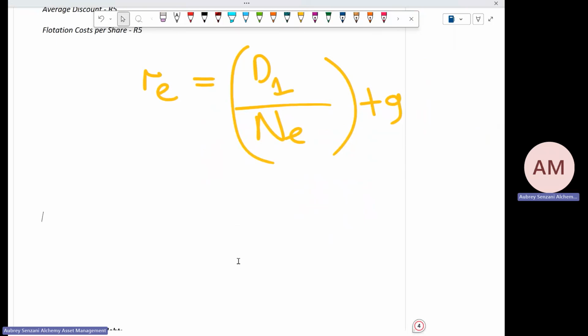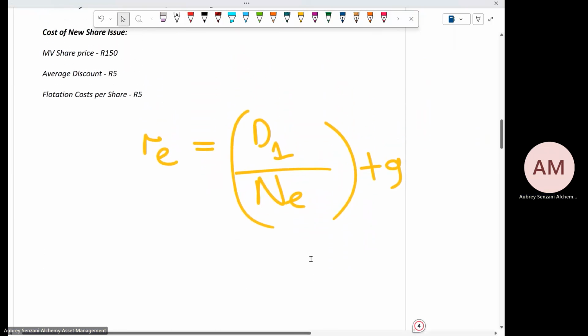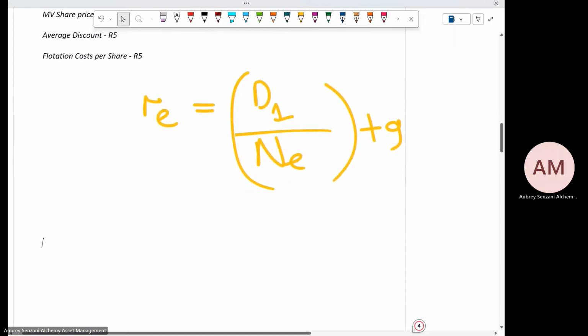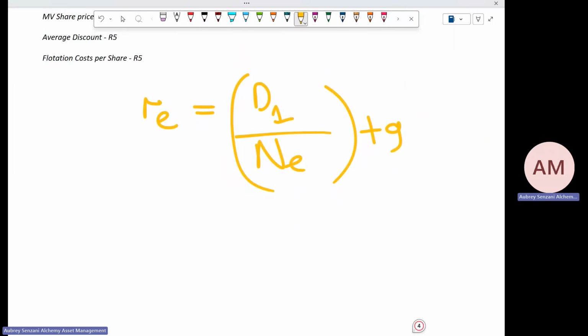What is our dividend? Yes, we're using the same dividend, 15. And then NE, how are we getting NE? It's our net proceeds, yes.